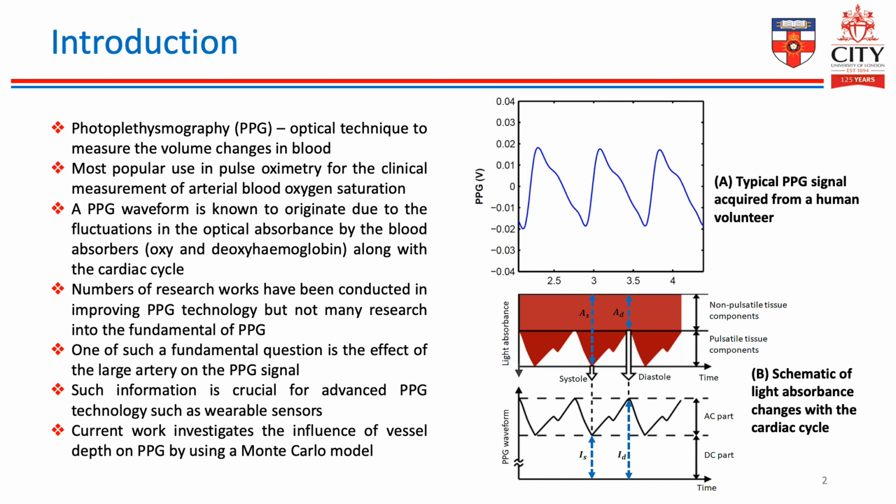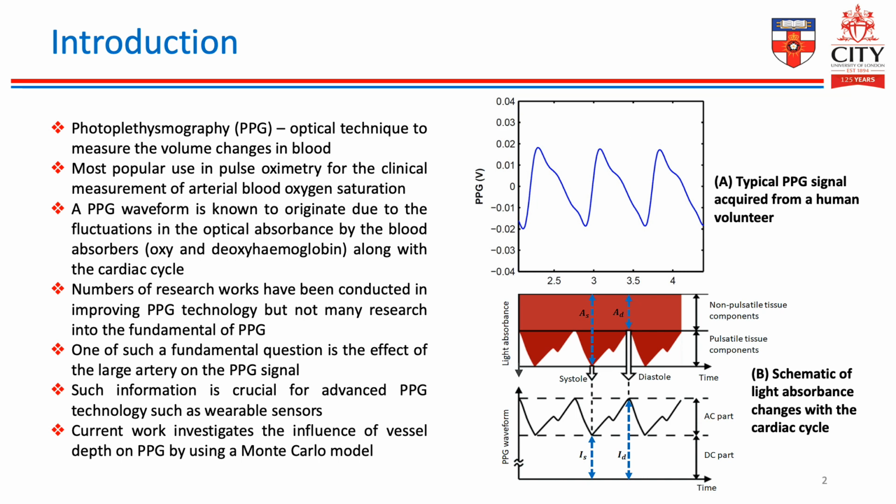So experimentally, when a PPG signal is acquired, typically a sensor is placed on a peripheral tissue site, such as finger or forehead or forearm, etc. In the sensor, there is an optical source which illuminates the tissue with the light intensity, and the scattered light from the tissue is recorded by the detector.